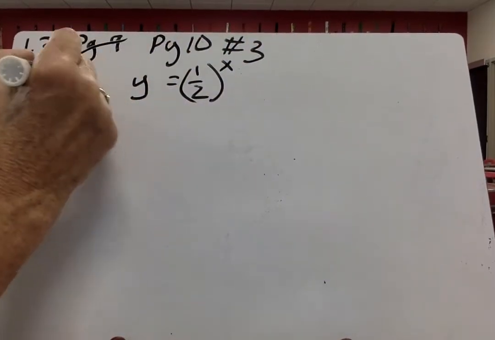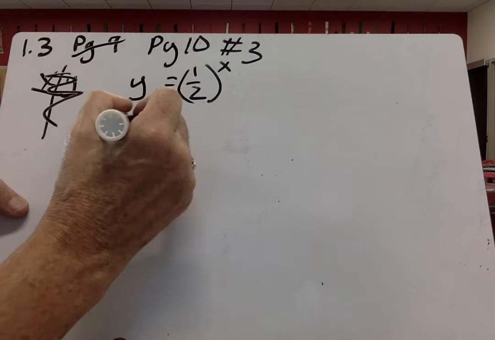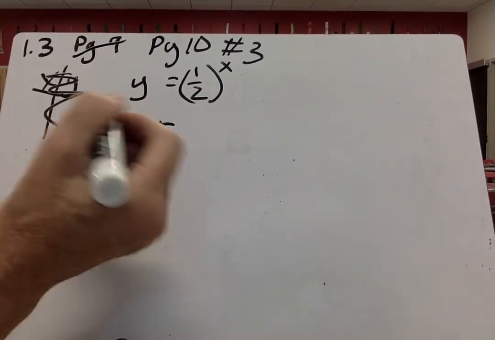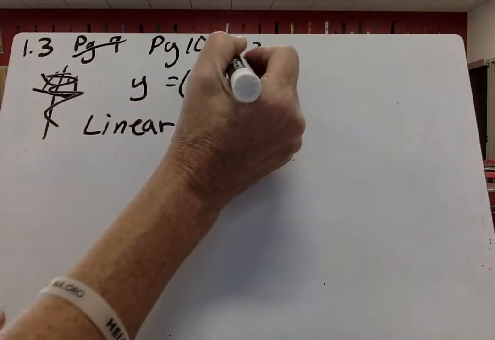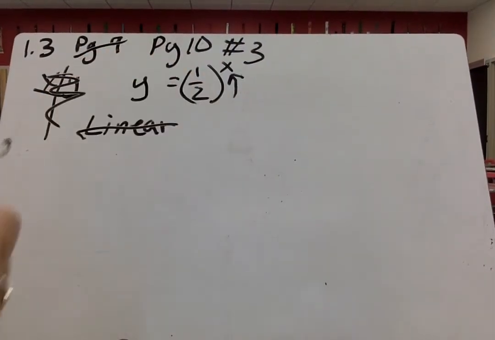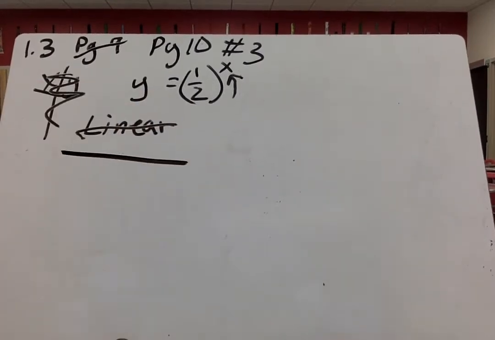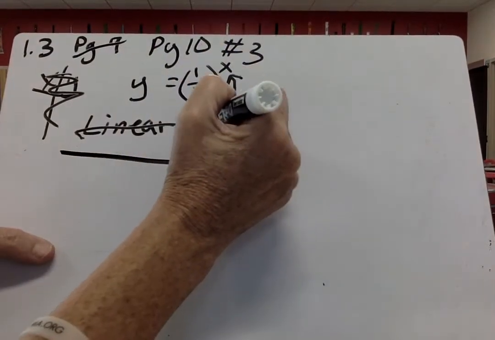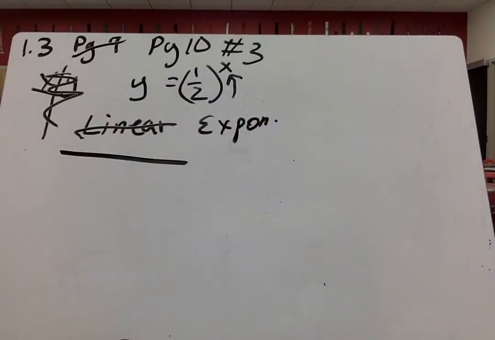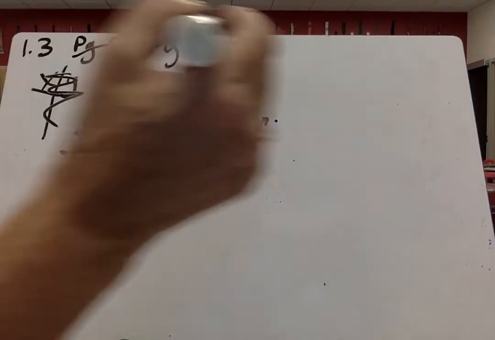Is it a linear function? And if so, is it positive or negative? Well, if I see x raised to a power, it's not going to be linear, and you can cross out the positive, negative. So then next we decide if it's exponential.